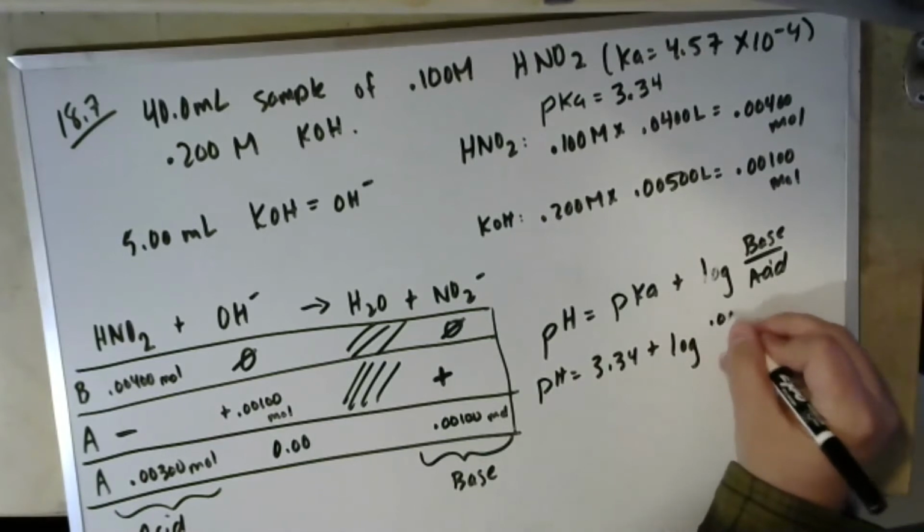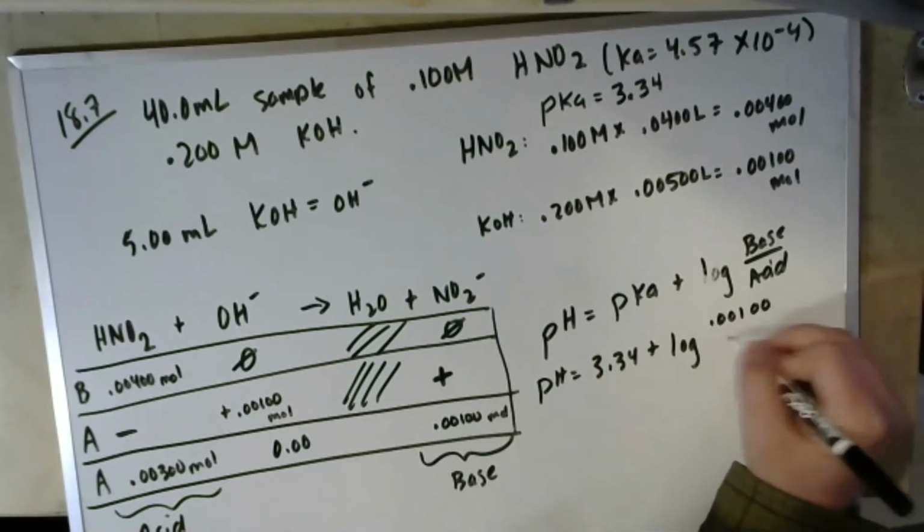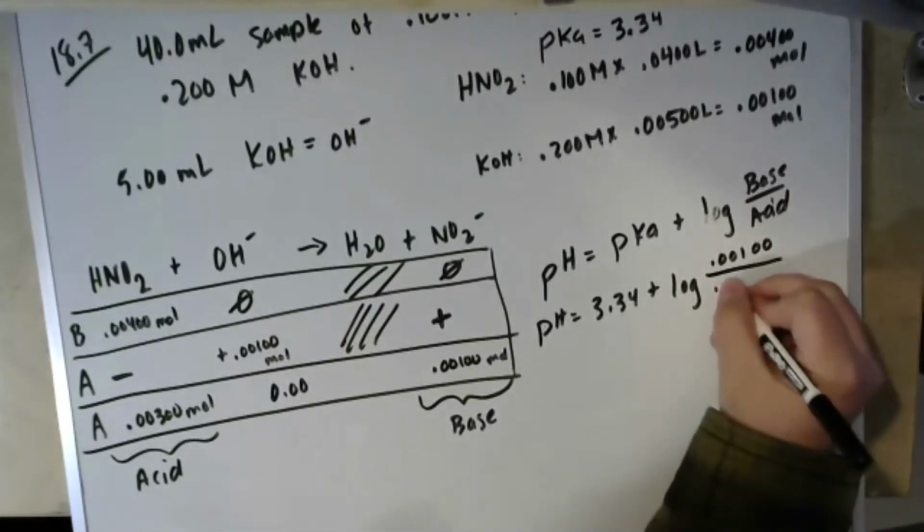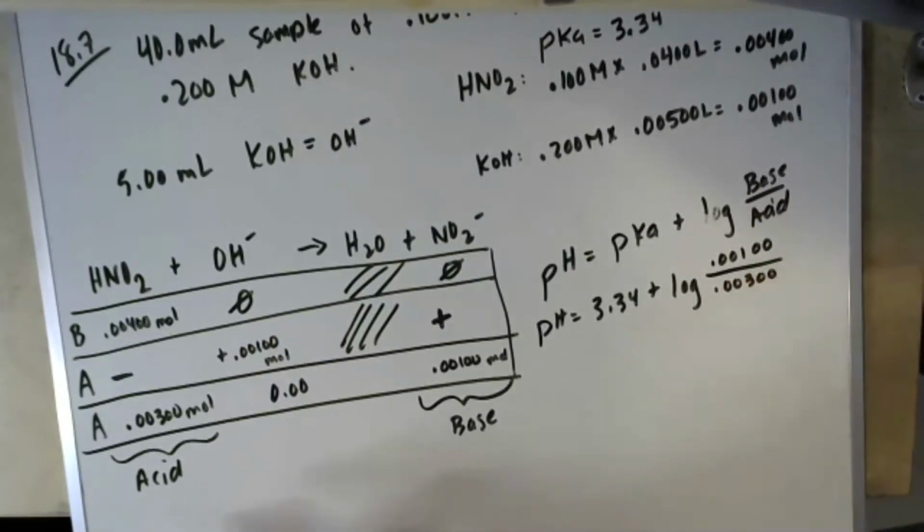So we have 0.001. That's our base over 0.003. That's going to be our acid.